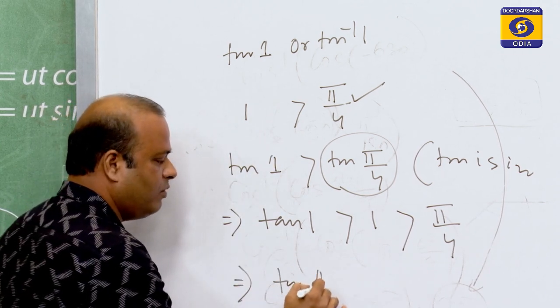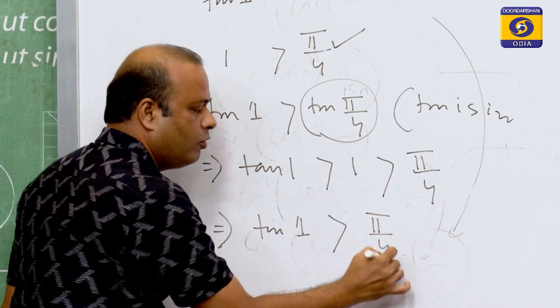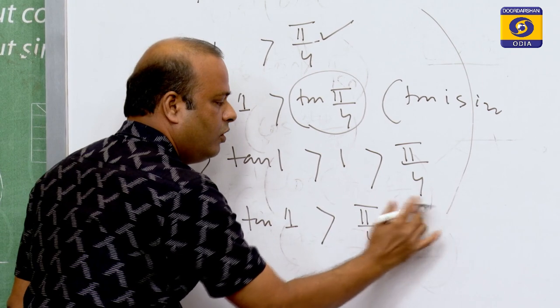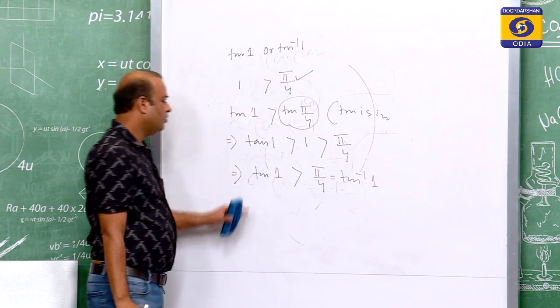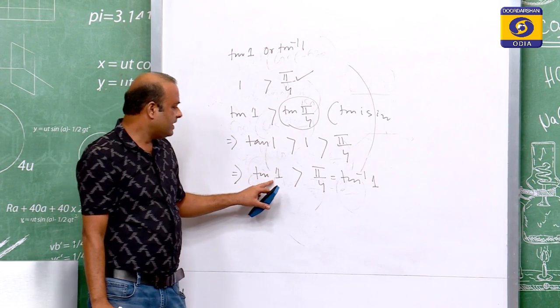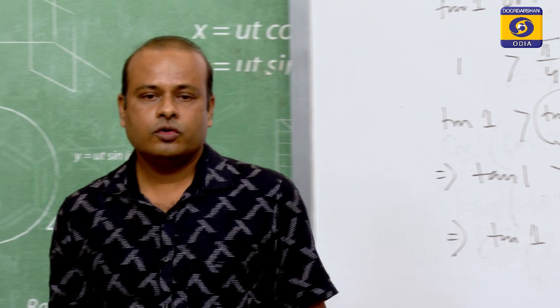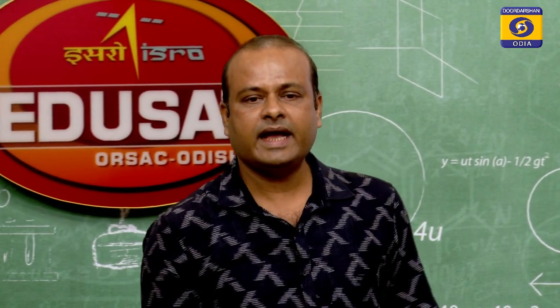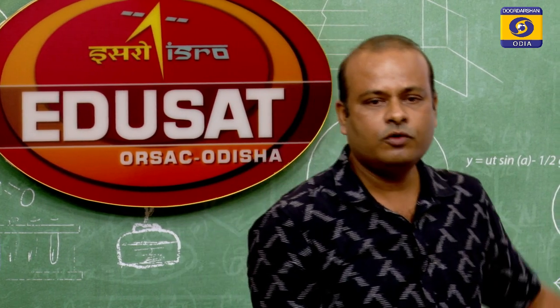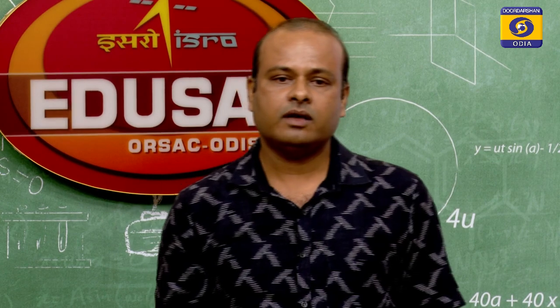You get tan 1 greater than pi by 4, which is equal to tan inverse 1. So, tan 1 is greater than tan inverse 1. You have been asked which is greater, tan 1 or tan inverse 1, so you have proved tan 1 is greater than tan inverse 1.